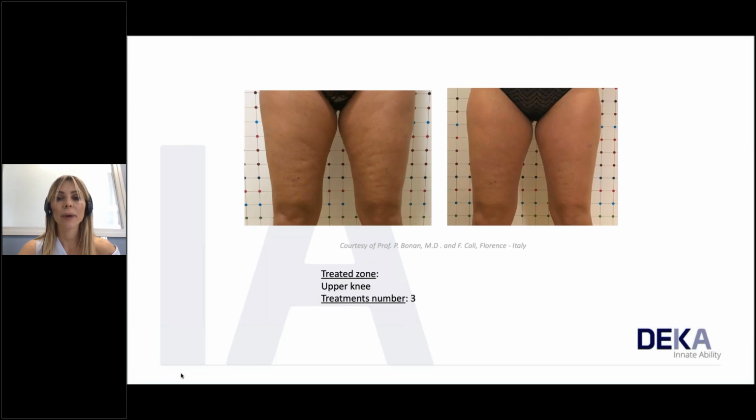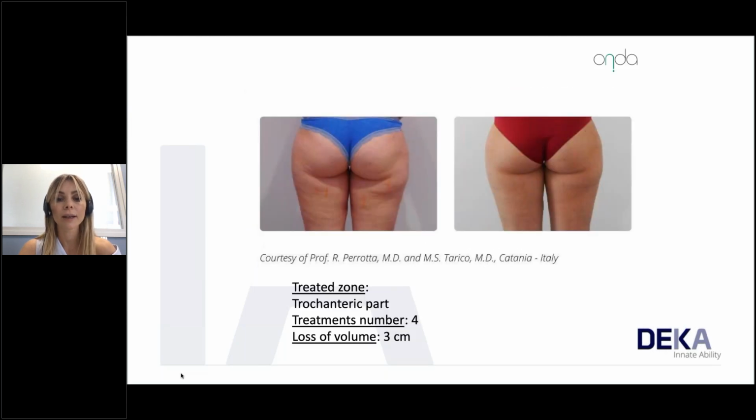Also in this case, we had an improvement in cellulite, an improvement in skin quality in general, and loss of circumference after 3 treatment sessions. And again, a loss of volume, or a loss of circumference, of 3 centimeters after 4 treatment sessions.